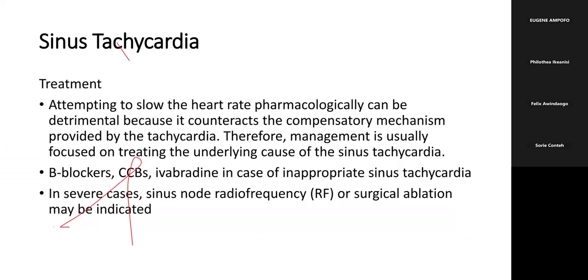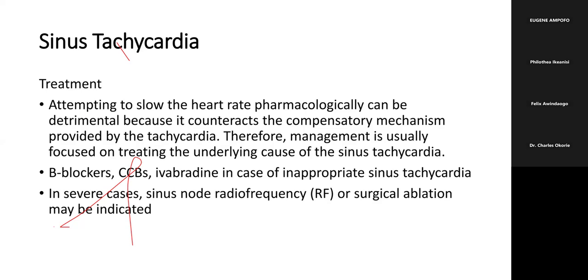So for treatment of sinus tachycardia, attempting to slow the heart rate pharmacologically can be detrimental. Why? Because it counteracts the compensatory mechanism provided by the tachycardia. So sometimes physiologically, this tachycardia occurs as a compensatory mechanism. Therefore, management usually focuses on treating the underlying cause of the sinus tachycardia.